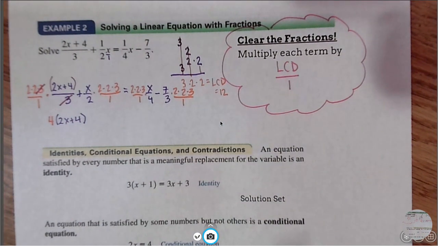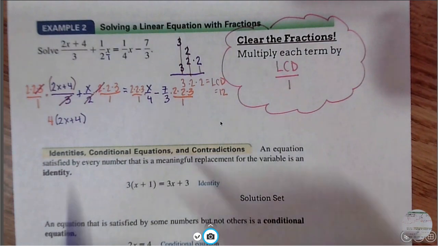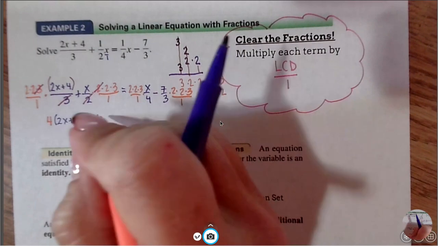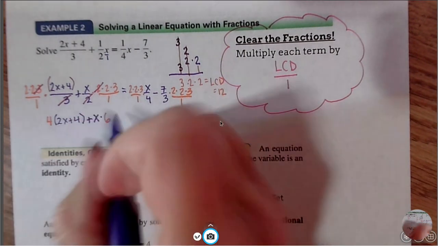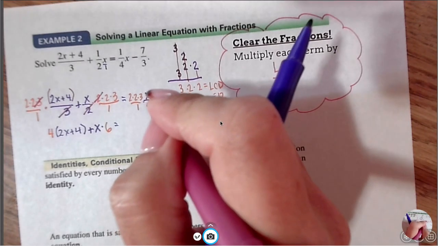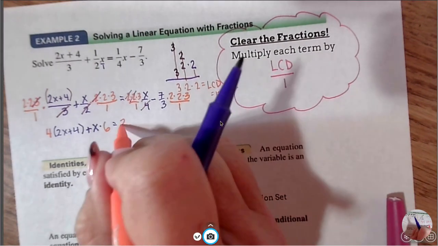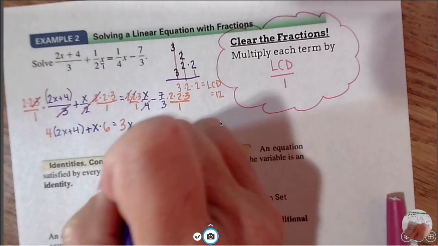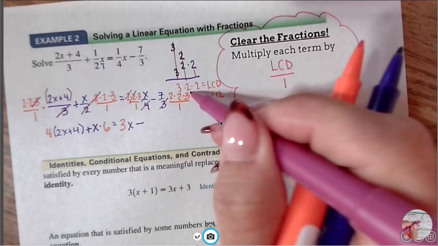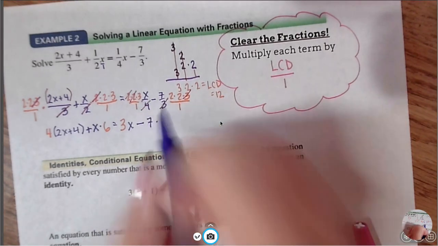In my second term, I can cancel off a 2. And I'm going to be left with x times 6 equals, in this term, the 4 cancels with 2 times 2. And I'm going to have 3 times x minus, in this last term, the 3's cancel, and I have 7 times 4.